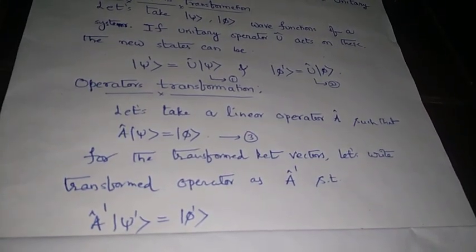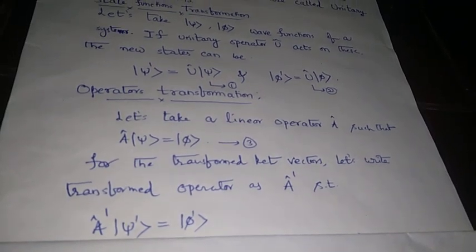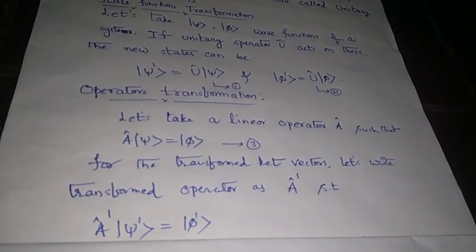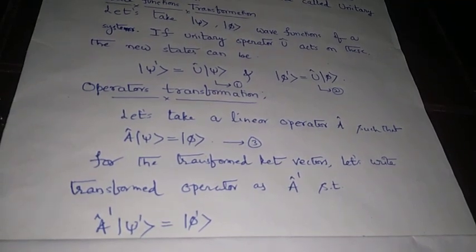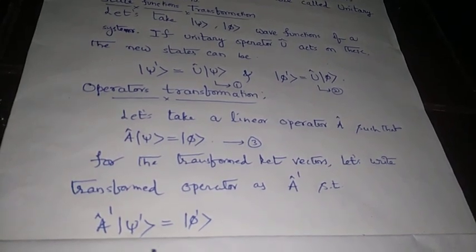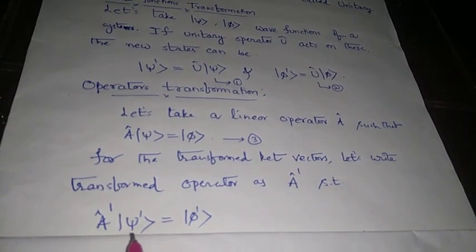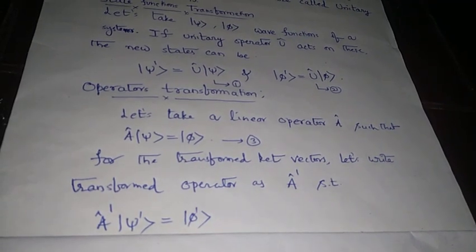We knew that when U acted on psi and phi, it transformed them into psi prime and phi prime. And let us say that equation number 3 is also transformed to this equation where A prime is acting on psi prime and giving you phi prime, similar to equation number 3.